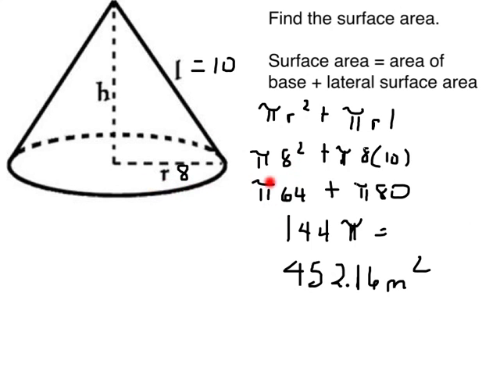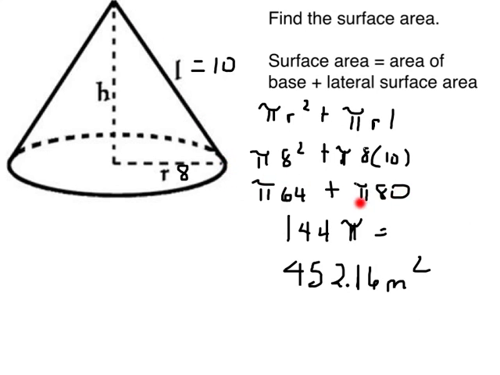8 is our radius, so 8 squared is 64, pi times 64. And then here we have pi times the radius times the slant height of 10.